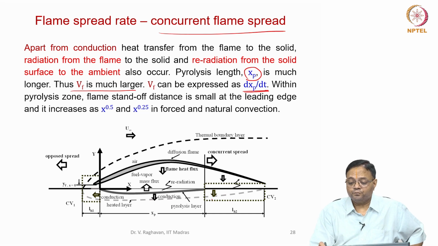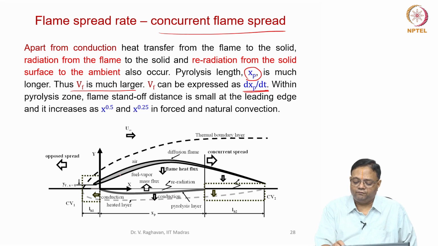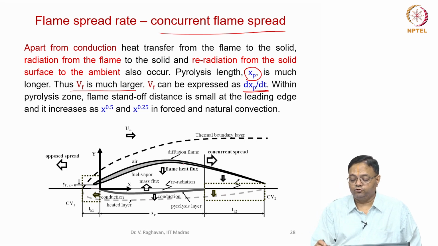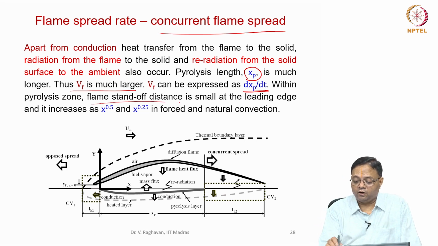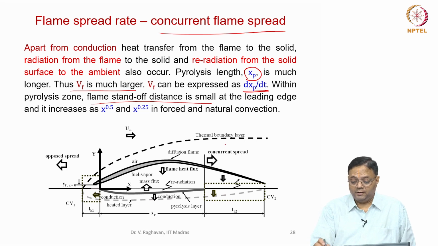Okay, so by just assuming that within the pyrolysis length, the flame standoff should be small, and when the flame stands away from this, then the heating length will start eventually. Under that circumstances, we can say that the flame standoff is relatively small, and basically at the leading edge, and we can say that the flame standoff increases with x. From the leading edge, it is very small, but as we saw in the case of opposed.